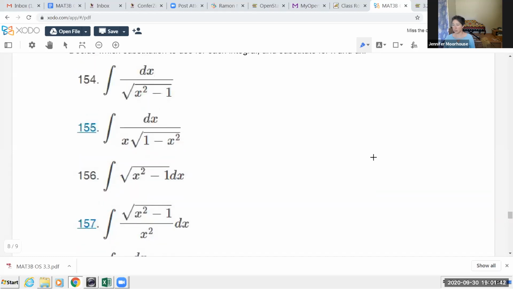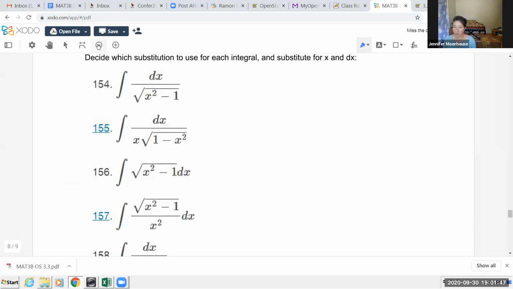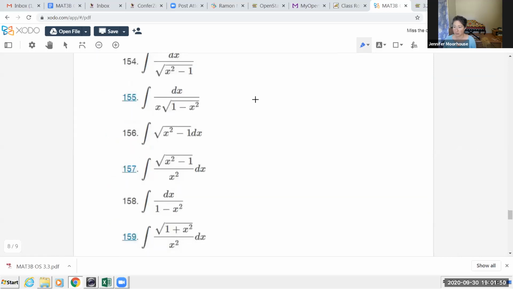I can zoom out a little bit so you can see them all. These are somewhat simpler than the cases we've been talking about. The a in each one of these is 1, so you're not worrying about what your multiple is. They all have the same multiple. So take a few minutes and think about that.